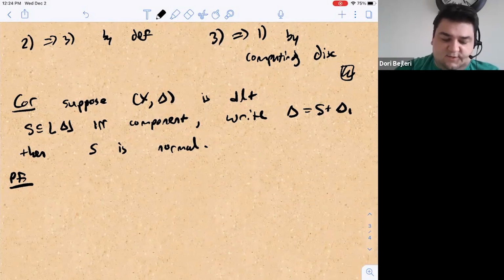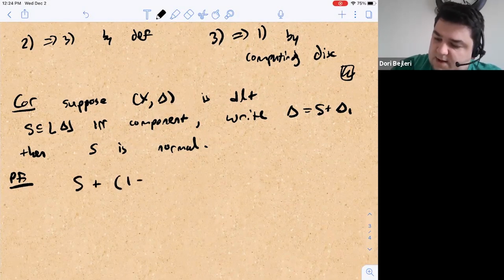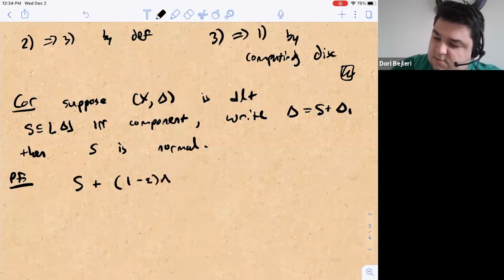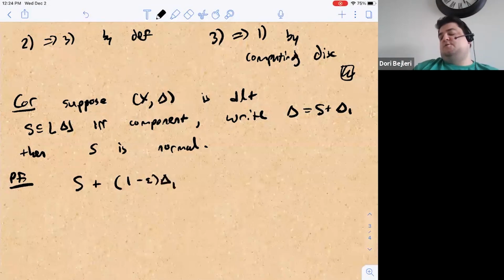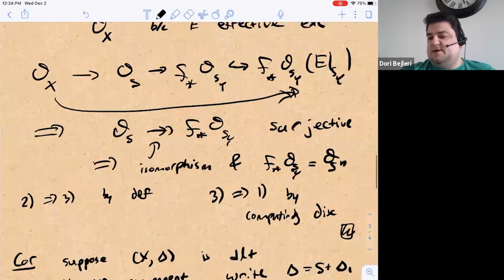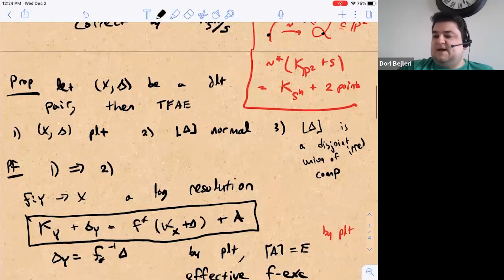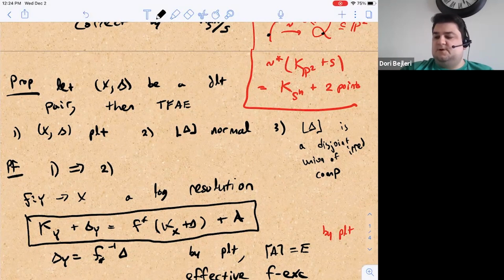So basically what we want to do is write down S plus (1 minus epsilon) Delta_1. And why do we want to do that? Well, we want a pair that's DLT and whose round down is just S. If we know that the round down is just S, well, S is irreducible, so then we can apply the previous theorem, and we know that condition 3 is satisfied, because if the round down is just a single irreducible component, then it's a disjoint union of its components.